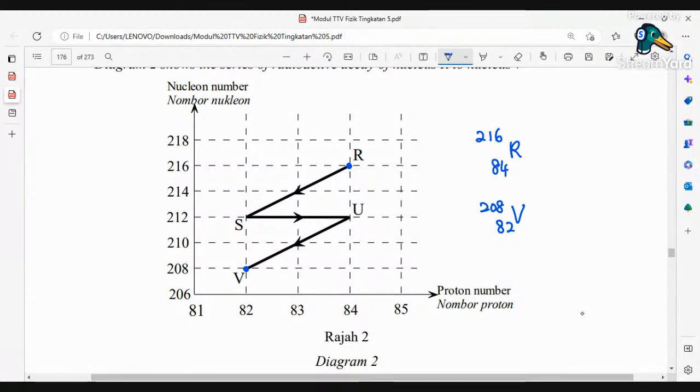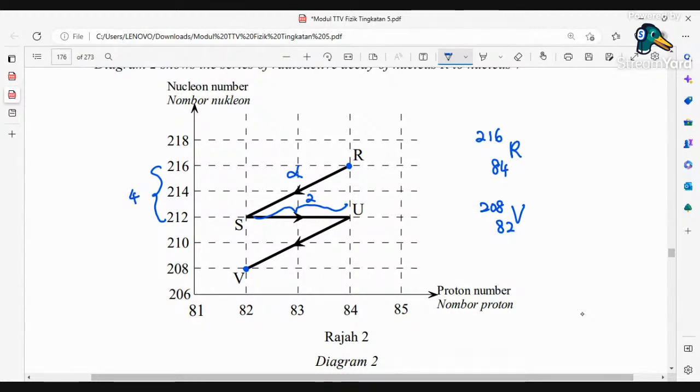So let's say R becomes S. You look at the nuclear number reduced by 4, and the proton number reduced by 2. R to S here is 4, 2. 4, 2 is the nuclide notation for helium. So we can say that R releases 1 alpha to become S.